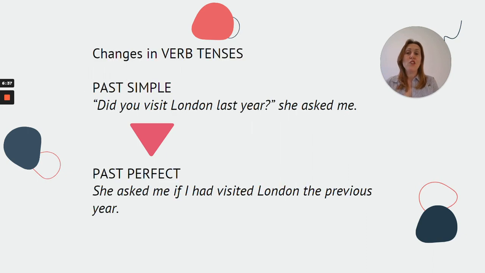Past simple changes to past perfect. "Did you visit London last year?" She asked me. She asked me if I had visited London the previous year. So time and place reference changes as well.